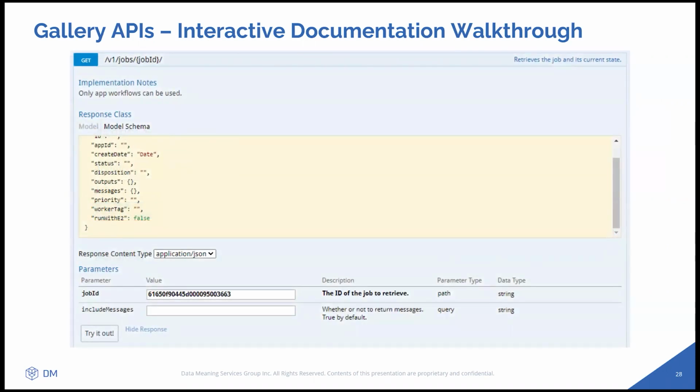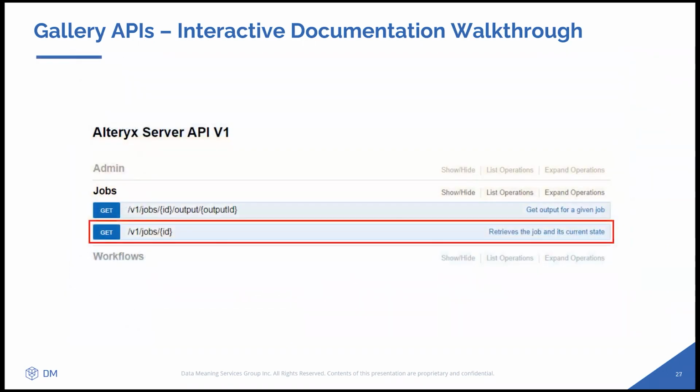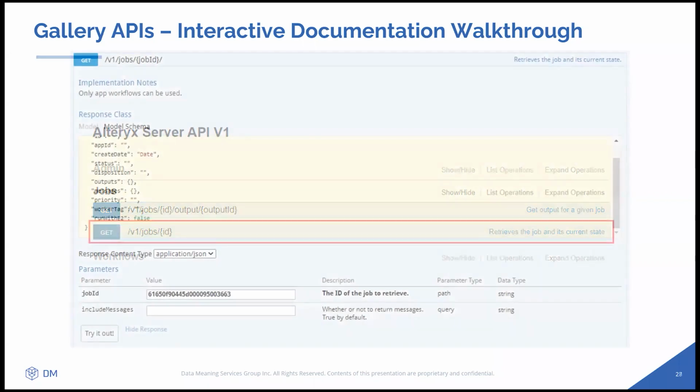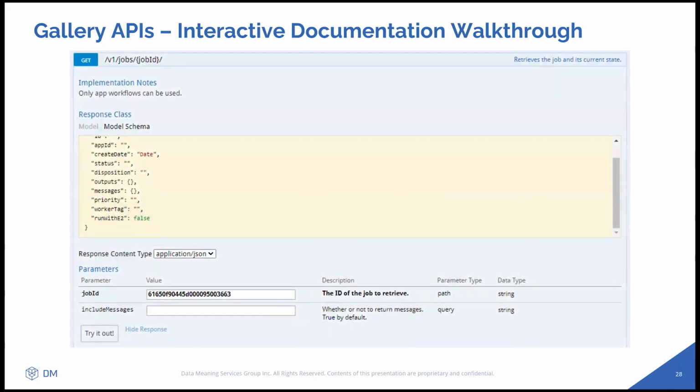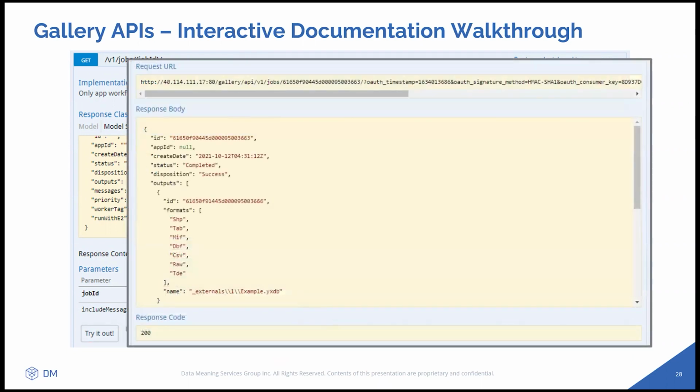So I'm going back again, right? Going back to the documentation here, the Swagger, just click on the other endpoint that you want to run. Then on this page here, you're going to insert that job ID that I just copied from the last page, right? So here. And click on the try it out button.